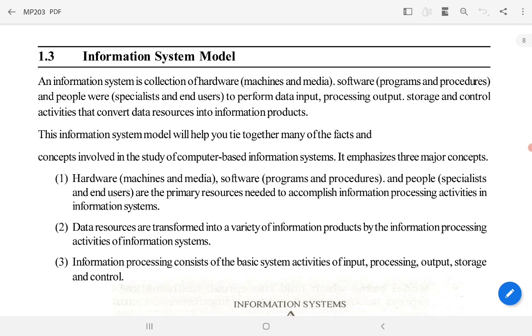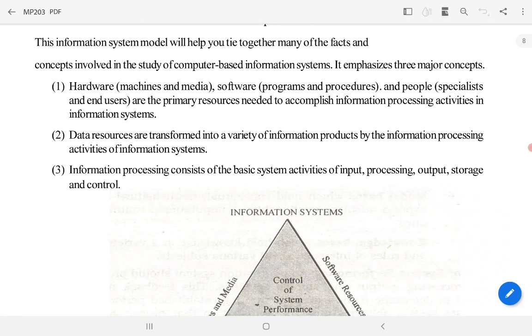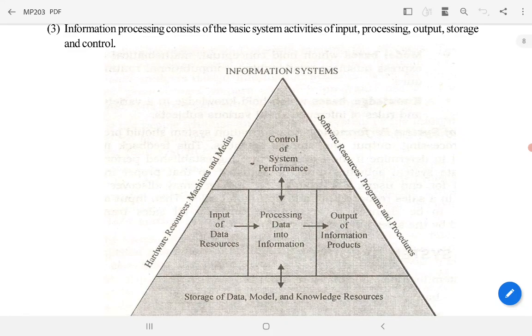This information system model will help you tie together many of the facts and concepts involved in the study of computer-based information systems: hardware means machines and media, software means programs, procedures and applications, and people means specialists and end users. These are the primary resources needed to accomplish information processing activities. Data resources are transformed into a variety of information products by information processing, which consists of the basic system activities of input, processing and output, storage and control.